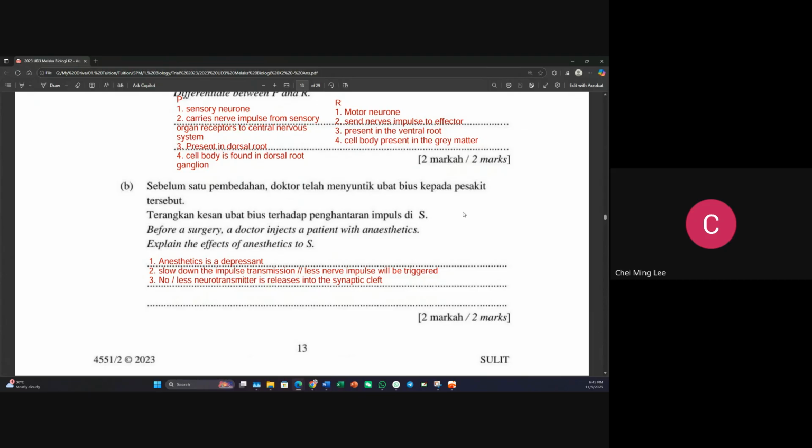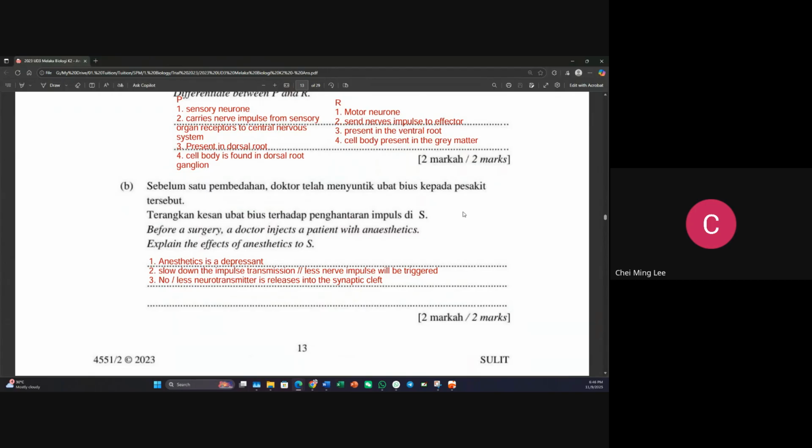So in order to stop that, we call it partial anesthesia, they will inject through the connector so that they will stop the transmission. Then you won't feel anything.